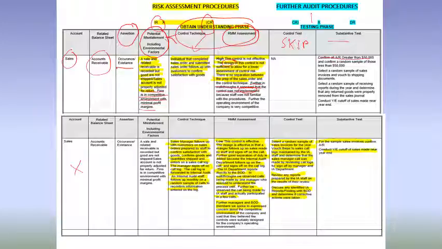So this little chart that I put together is hopefully helping you to see how all of this fits together, and how it's a flow where we go from what? We think about the assertions, we think about the potential misstatement, we look for a control technique that will prevent or detect the misstatement, we make an assessment of the risk of material misstatement, looking at the potential misstatement, our inherent risk, and our control risk together, and then we respond.